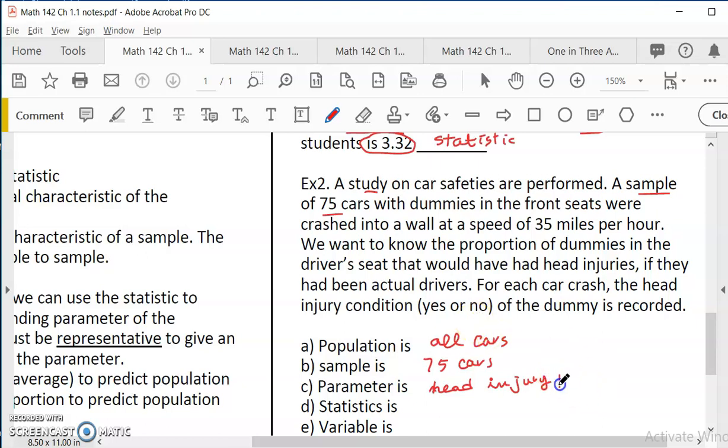So for every car, you record, well, I should say proportion, because in statistics we use the word proportion. And the parameter is the head injury proportion of all the cars. Also, we don't know, they did not tell us how many.